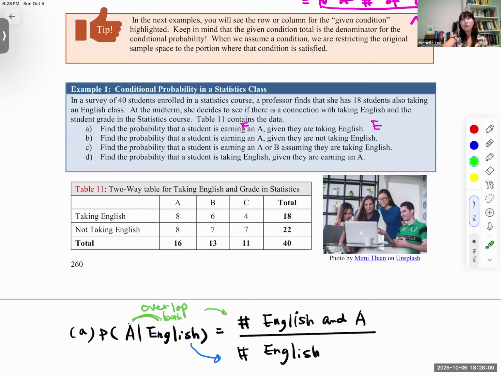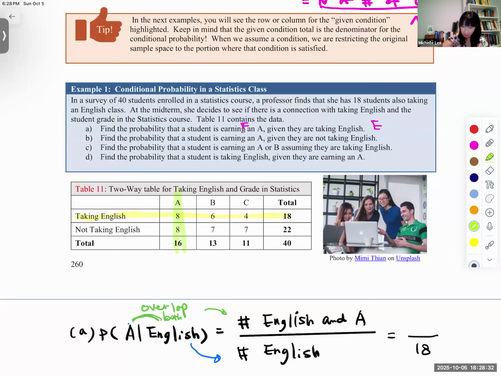For the overlap, take English, highlight this part, and then getting A, this part.